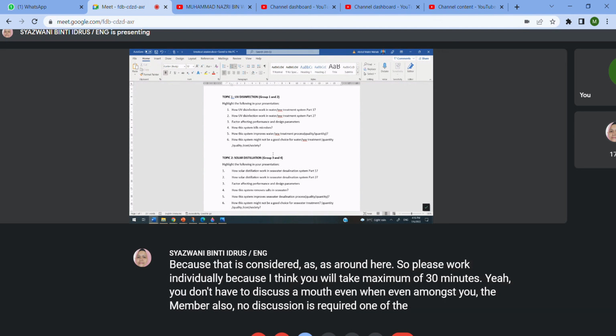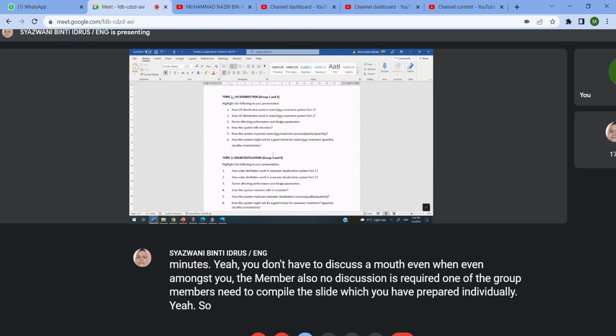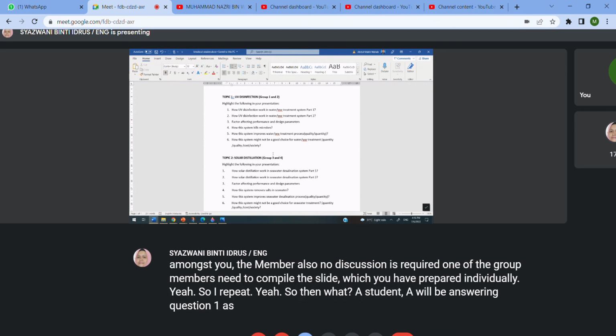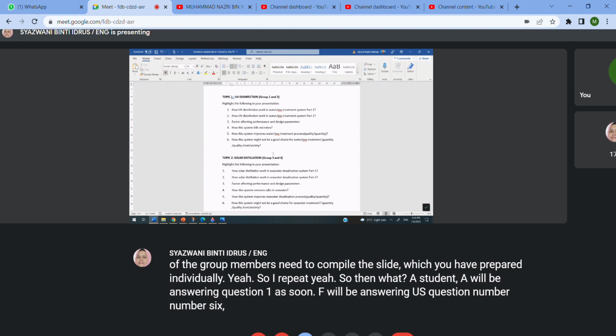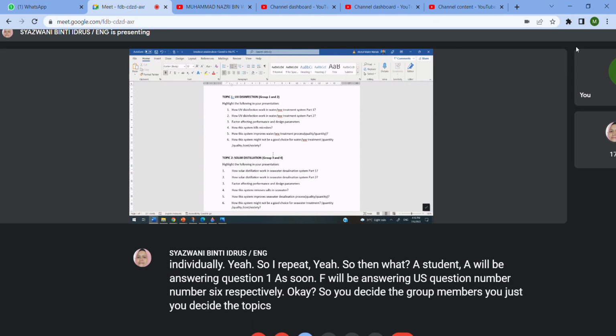One of the group members needs to compile the slides which you have prepared individually. So I repeat, student A will be answering question 1, and student F will be answering question number 6 respectively. You decide the group members, and you decide the topics that you are going to explore.